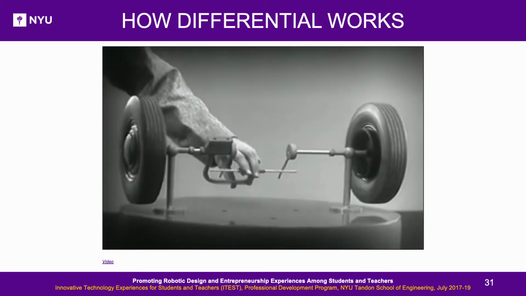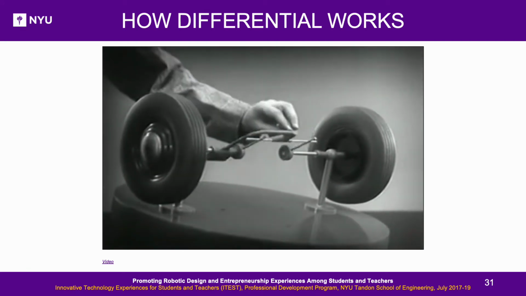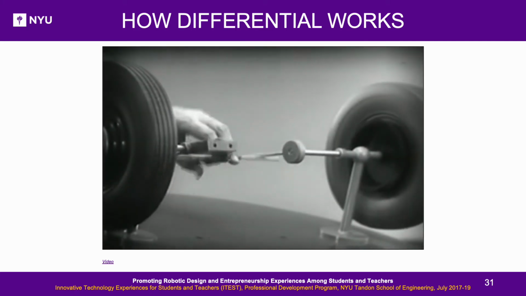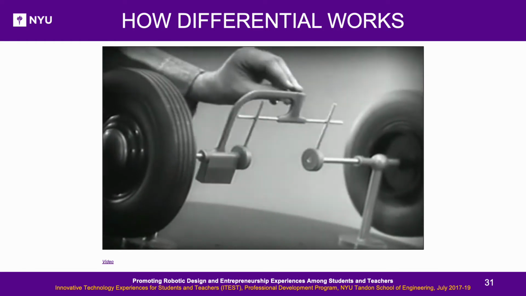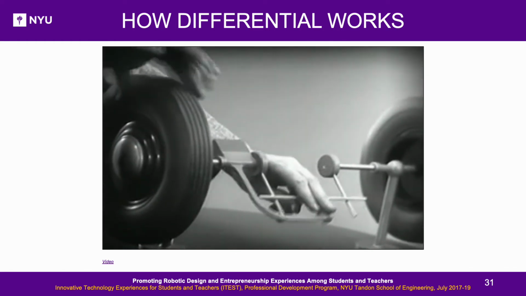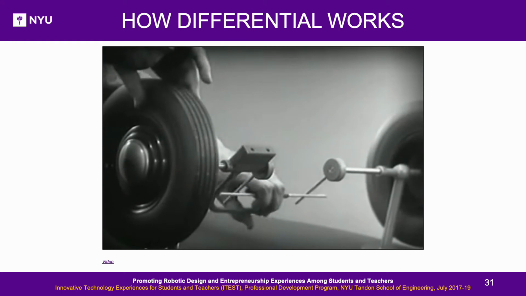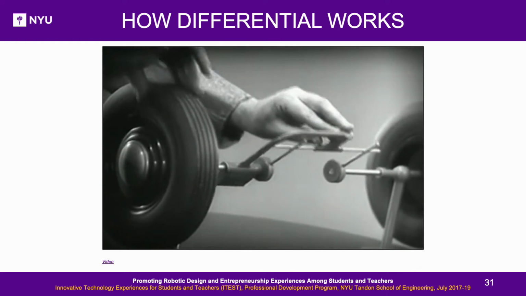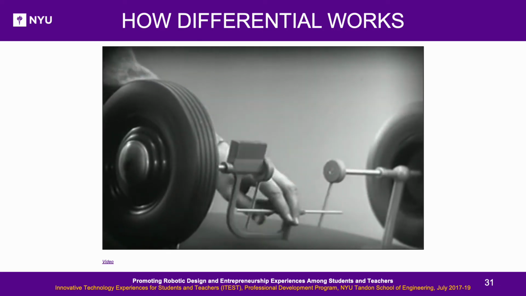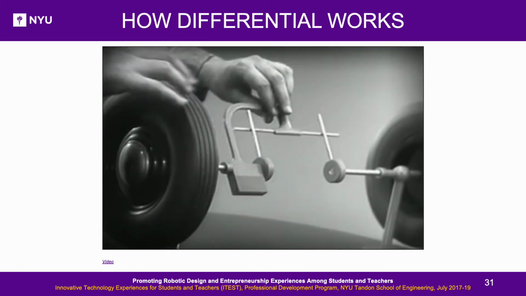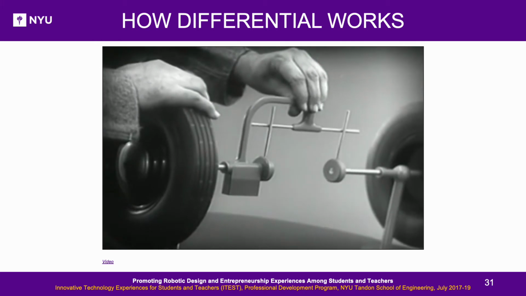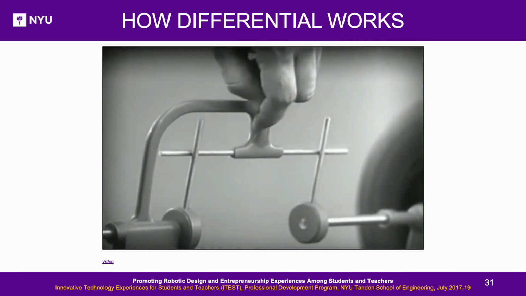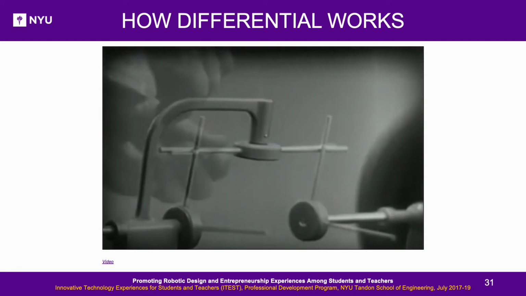This is fine as long as both wheels are able to turn at the same speed. But let's see what happens when we go around the corner. With this arrangement, we cannot drive one wheel faster than the other. And if we stop one wheel, the other wheel won't budge. Let's put this bar on a pivot so that it can swing in either direction.